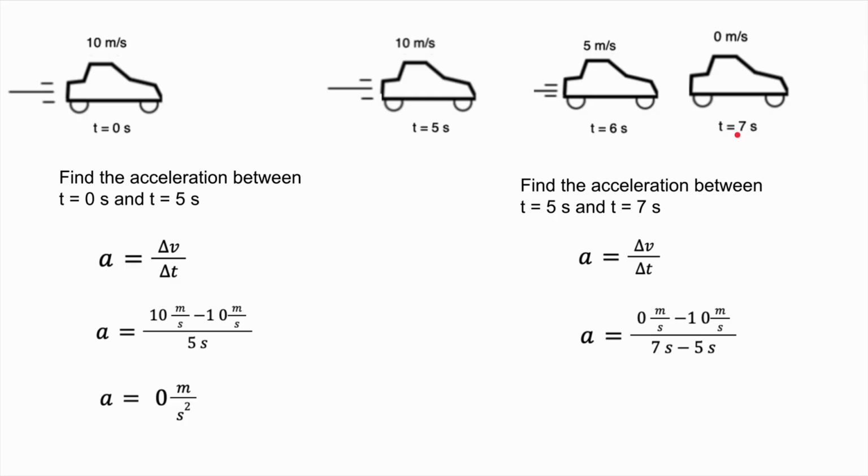My final time was 7. What was my initial time? It was 5. A mistake students sometimes make is they just use this number for t, but really it's delta t. It didn't take 7 seconds to slow down and stop. It took 2 seconds. And that means the acceleration in this case was negative 5 meters per second squared.